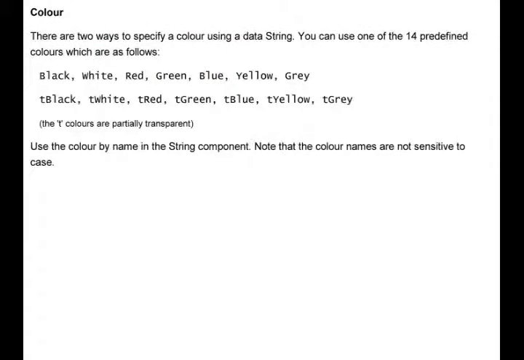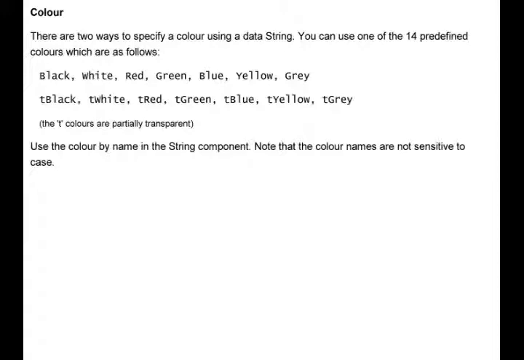Color. There are two ways to specify a color using a data string. You can use one of the 14 predefined colors, which are as follows: black, white, red, green, blue, yellow, gray, T black, T white, T red, T green, T blue, T yellow, T gray. The T colors are partially transparent. Use the color by name in the string component.